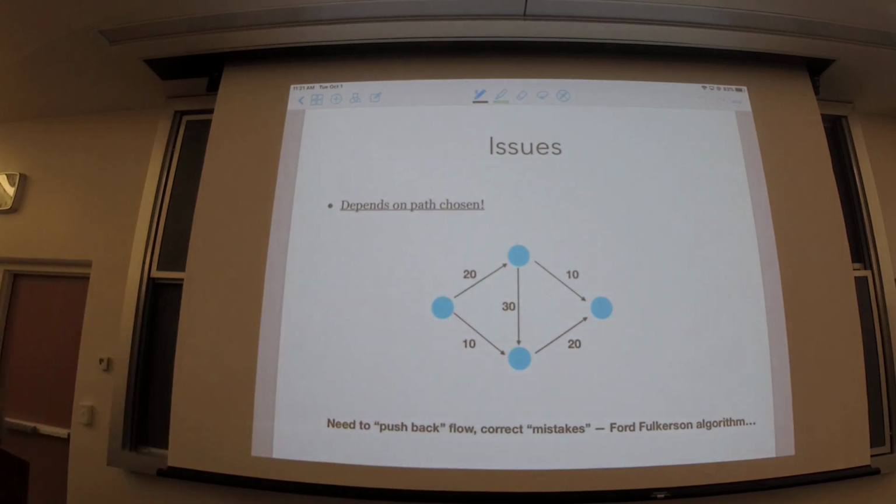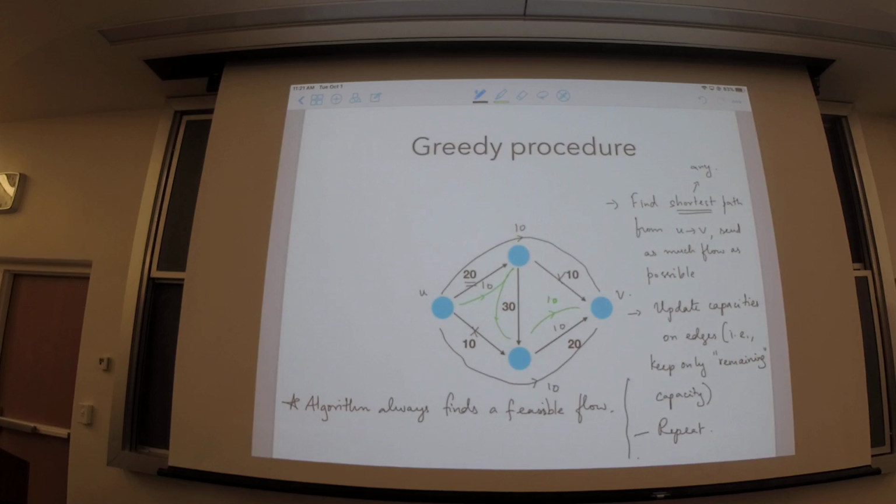So suppose you started off by sending 20 units of flow from U to V, along the lines of what he suggested. Then you immediately get stuck, because now there is no path from U to V. In the previous solution you ended up sending 10 plus 10 plus 10 equals 30 units of flow.